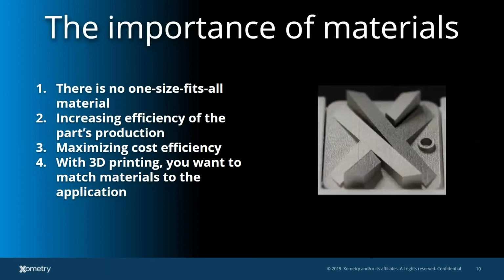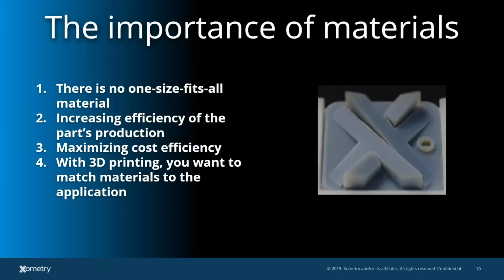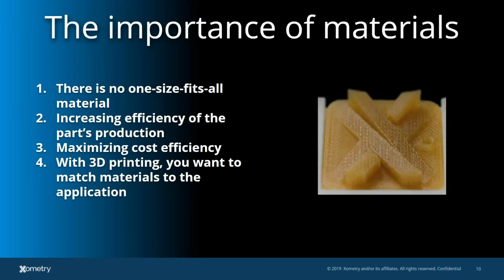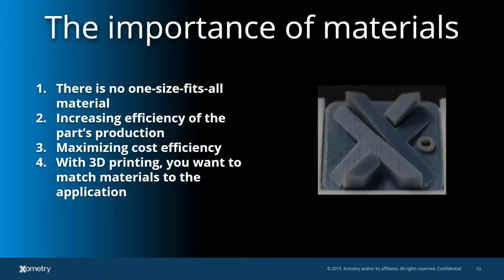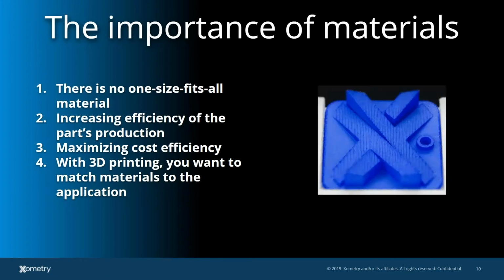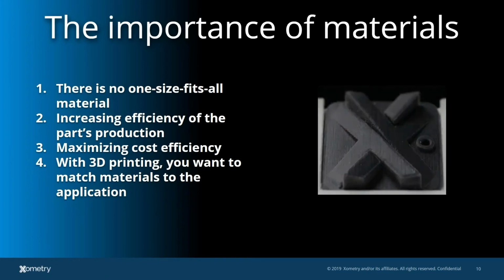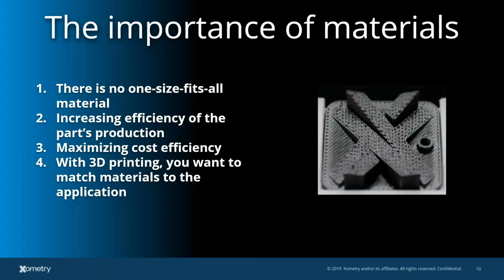Materials, depending on what you're choosing, can increase the efficiency of the part's production, whether that's the actual material that dictates what process is used, or a material that may have a different cure time, or one that just allows you a higher throughput because it's more available. That goes hand in hand with cost efficiency. What's my economy of scale here?